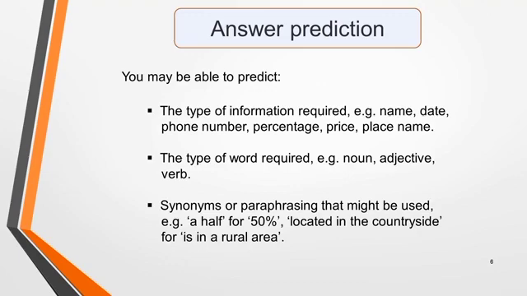The type of information required, for example a name, a date, a phone number, a percentage, a price or a place name. The type of word required, such as a noun, an adjective or a verb. Synonyms or paraphrasing that might be used, for example a half for 50%, or located in the countryside for is in a rural area.